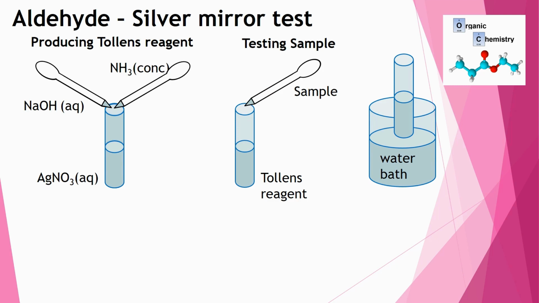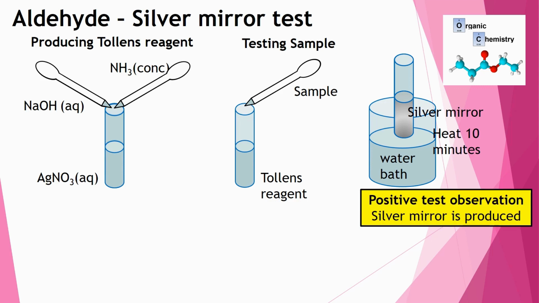If an aldehyde is present, a silver mirror will appear on the inside of the glass and it will reflect back as a mirror would. This is why it is called the silver mirror test. Now this test is definitive, so it only works with an aldehyde. You might not get a perfect silver mirror, but you will get parts of the glass that are silver, and that is still a positive test for an aldehyde.